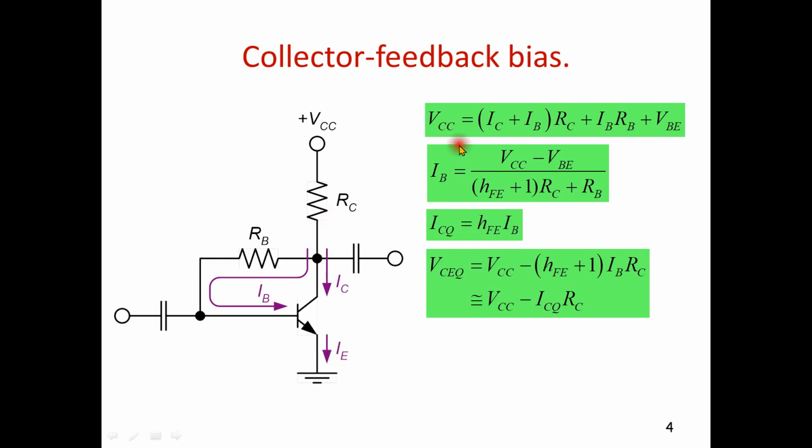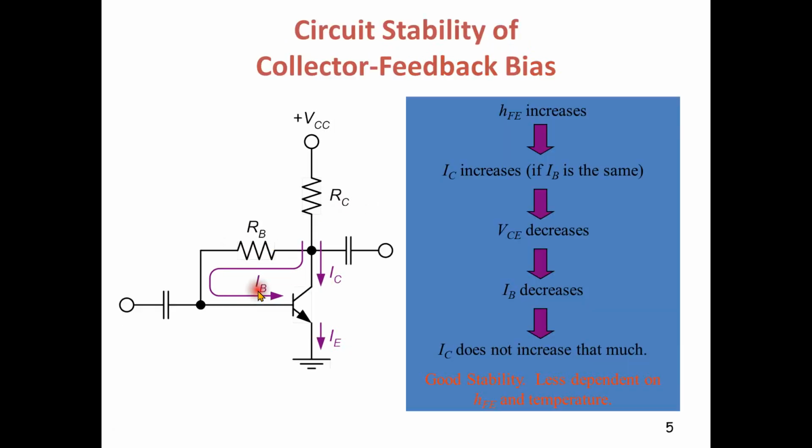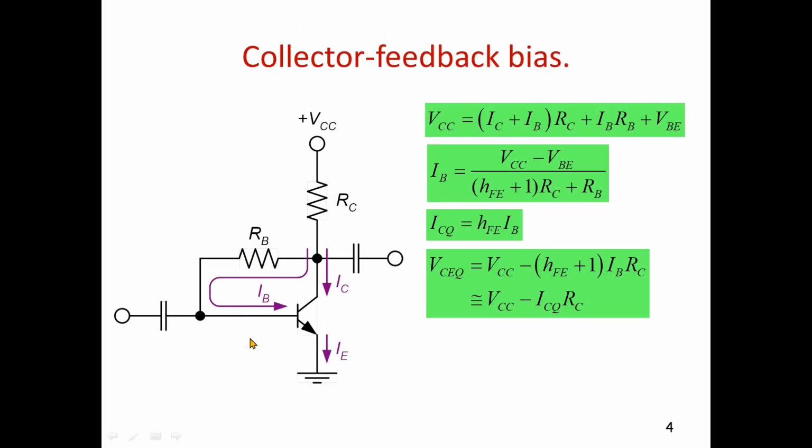So from this we can write the expression VCC equals IC plus IB into RC plus IB into RB plus VBE, that is the voltage drop across the base and the emitter terminal, VBE.